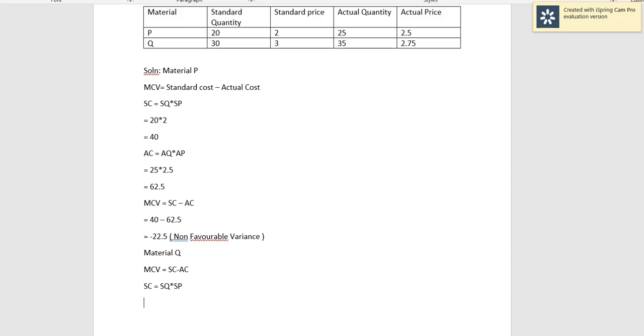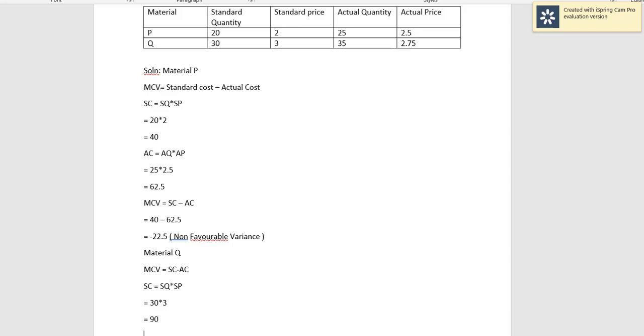Now see in the problem, for material Q, standard quantity is 30, standard price is 3. Write it as 30 into 3, it will come to 90.